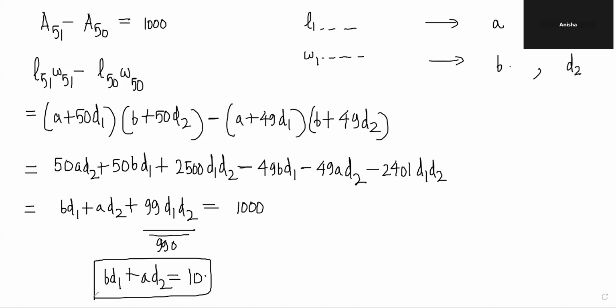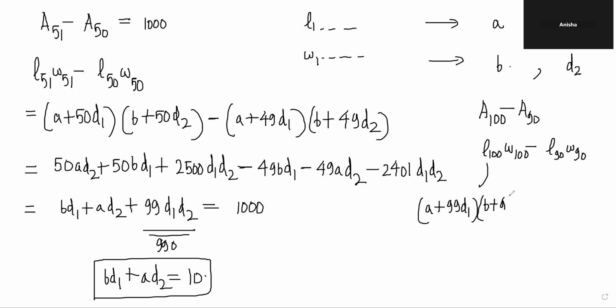In the same manner, we'll calculate A100 minus A90, and that would be L100 W100 minus L90 W90. That would be A plus 99 D1 and B plus 99 D2 subtracted from A plus 89 D1 and B plus 89 D2, right?